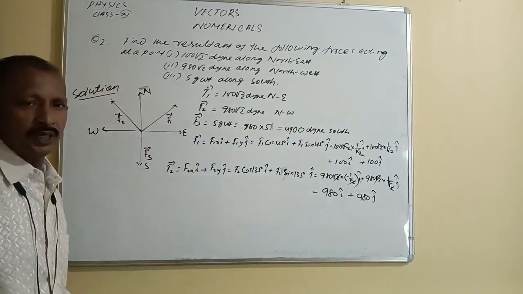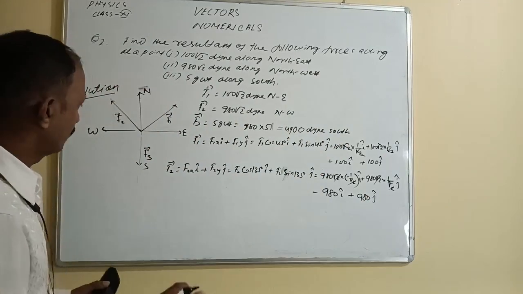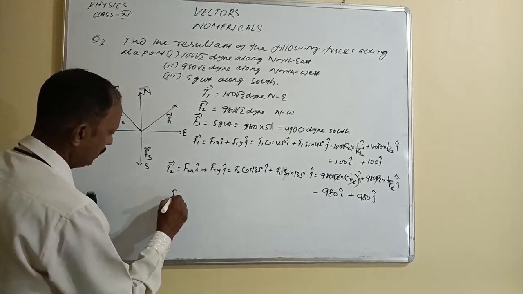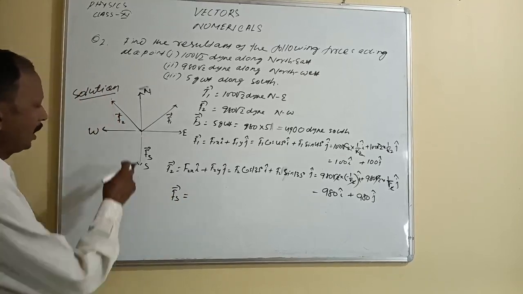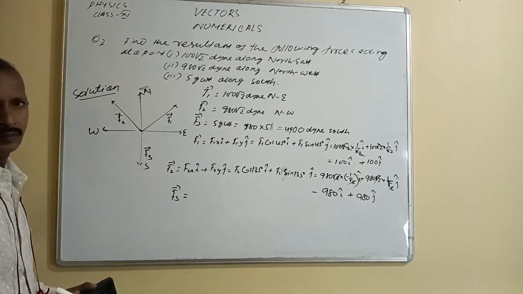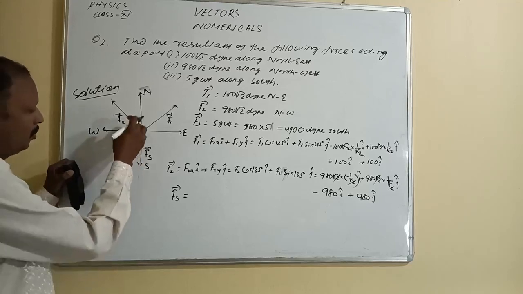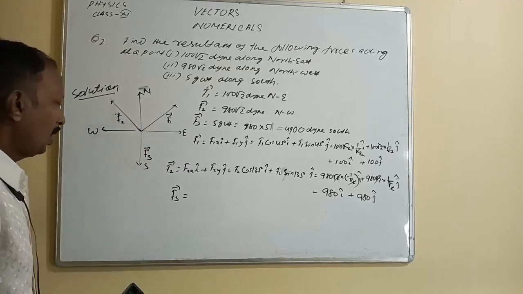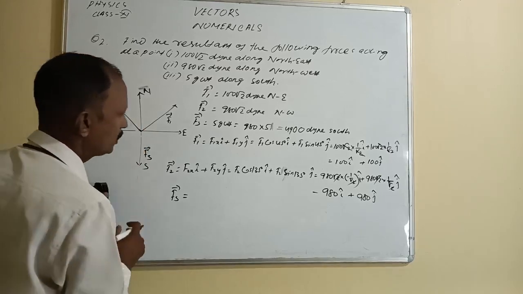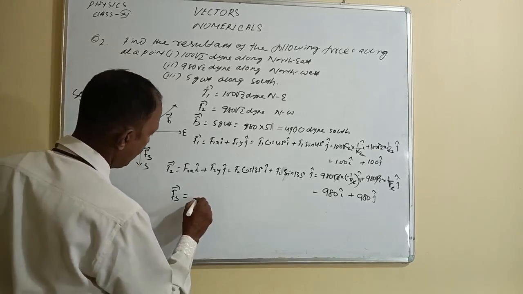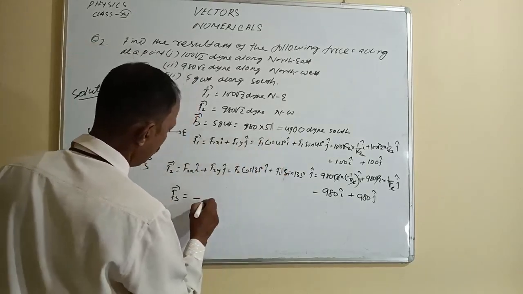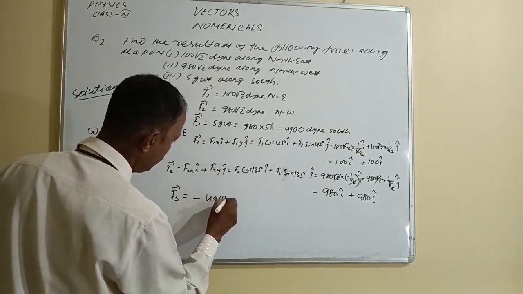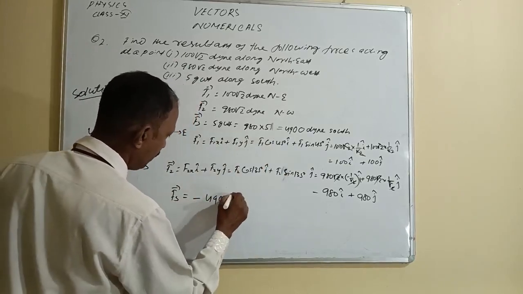Now we move to F3. The vector F3, this is along which axis? Along y-axis. So I can write that this one is equal to minus 4900 j cap.